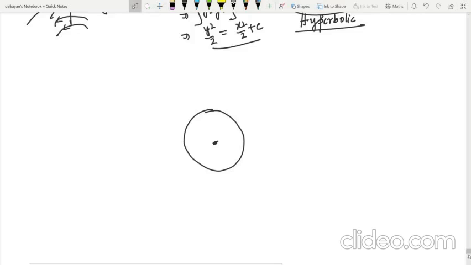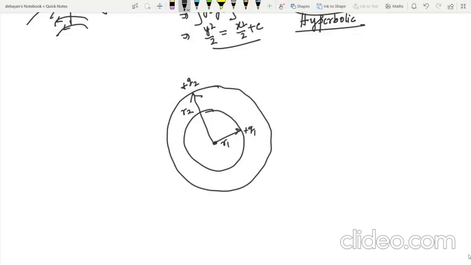So you see that two concentric conducting cells of radius R1 and R2 are carrying uniformly distributed charges Q1 and Q2 respectively. You have to find an expression for the potential of each cell.